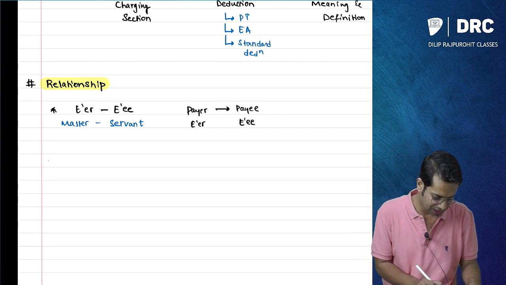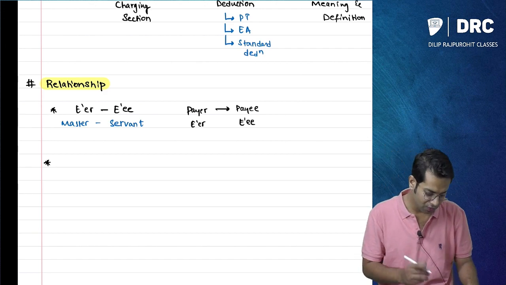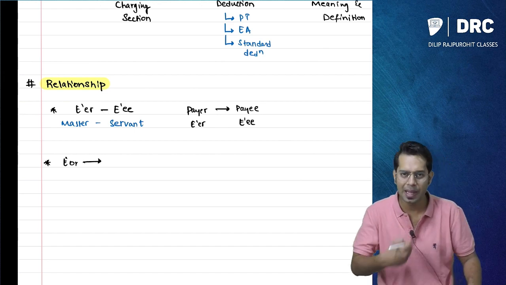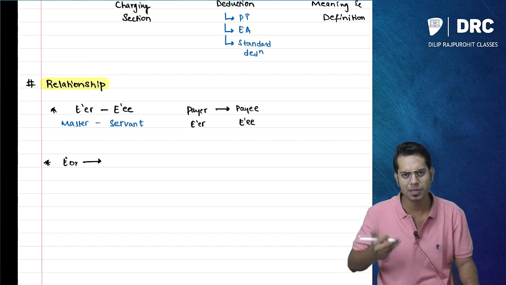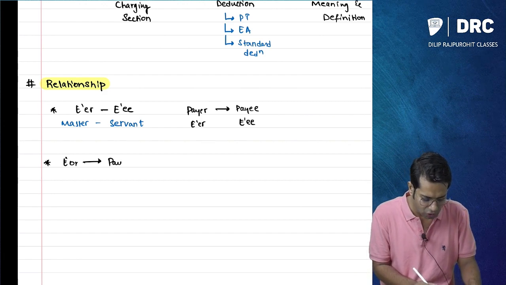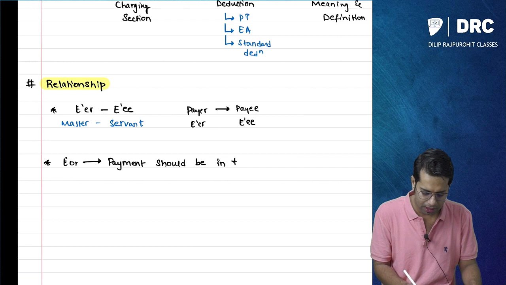And the second important thing which you have to keep in mind is the payment which is made by the employer. I told you there should be a relationship of employer and employee, correct? And the payment which is made should be in the capacity of employer.